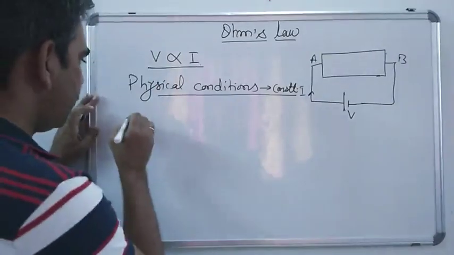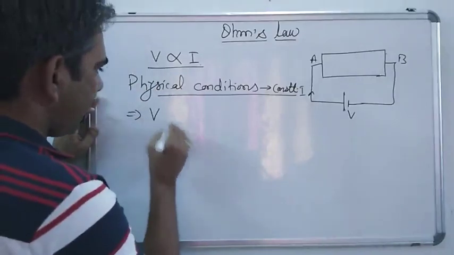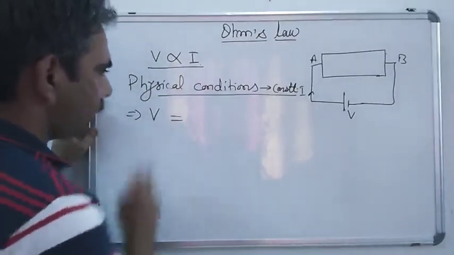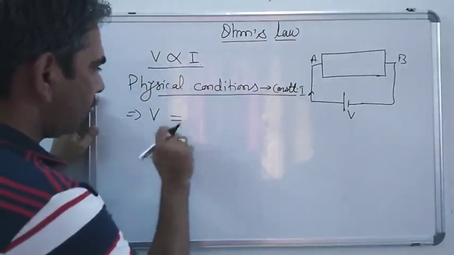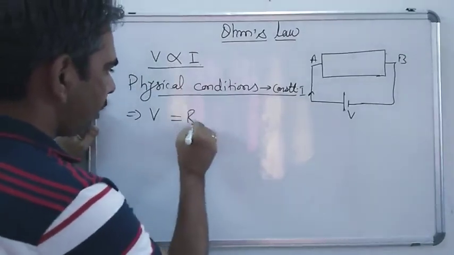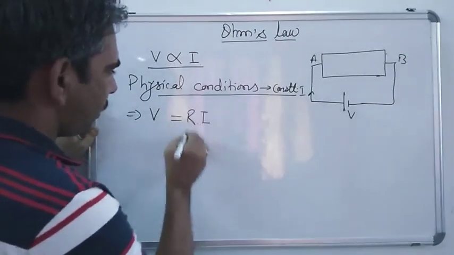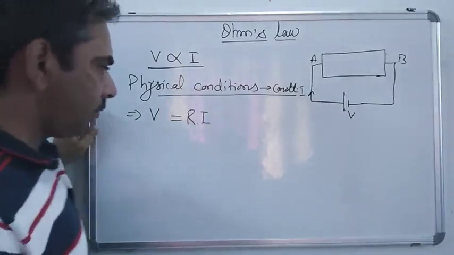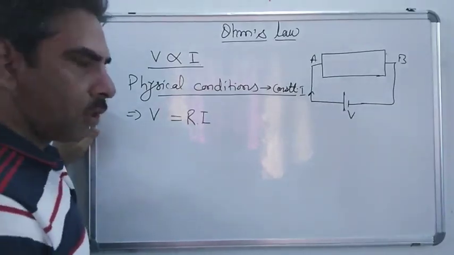So from here we see that V is equal to, whenever we remove proportionality, we apply the sign of equality and we come across some constant of proportionality R. We represent it with a capital R or small r.